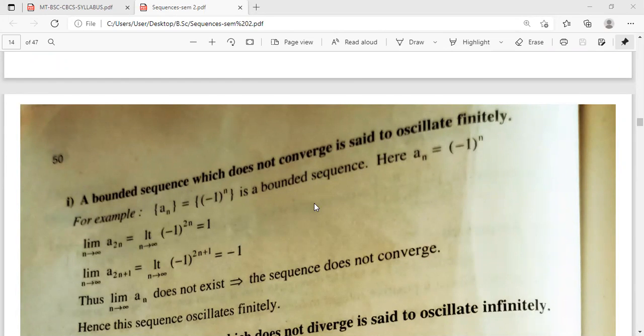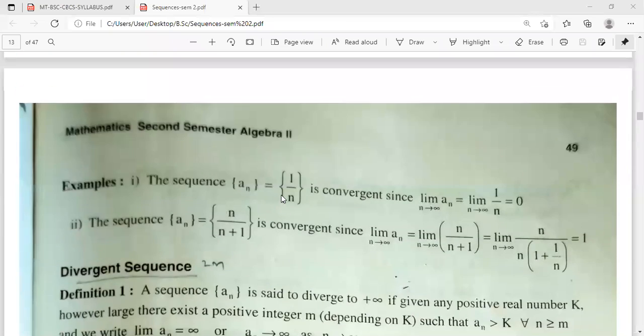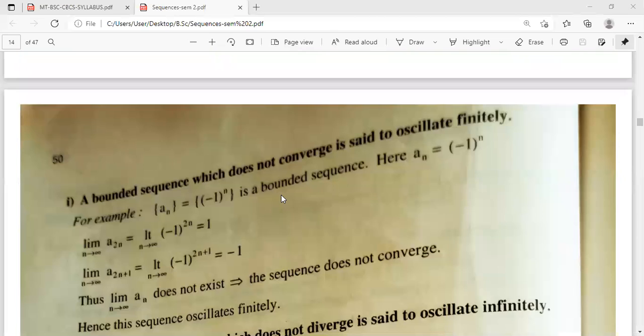You can write this as minus 1 less than or equal to a_n less than or equal to 1. That is why a_n is a bounded sequence, because we are writing it in the form m less than or equal to a_n less than or equal to M.